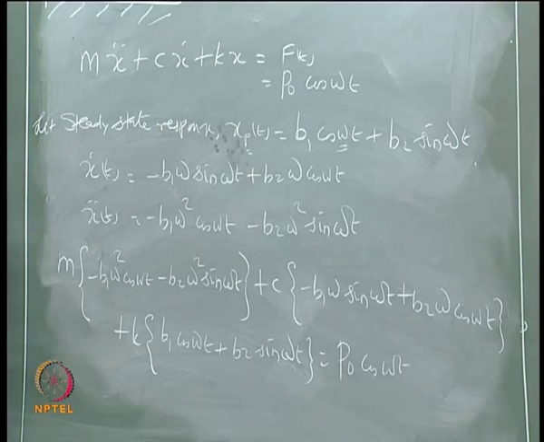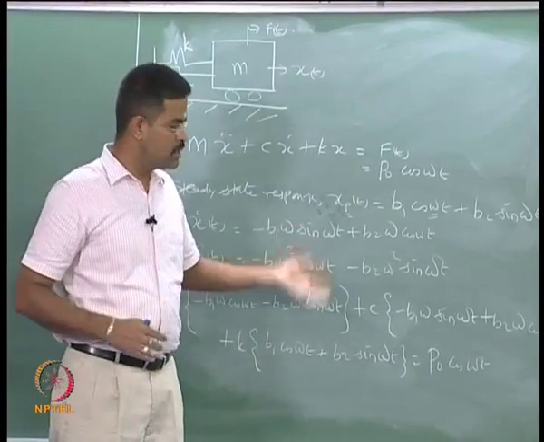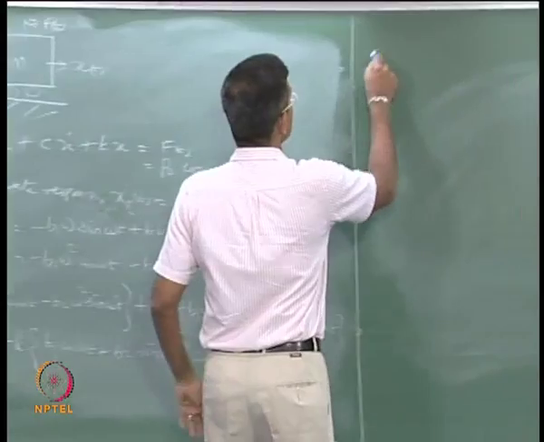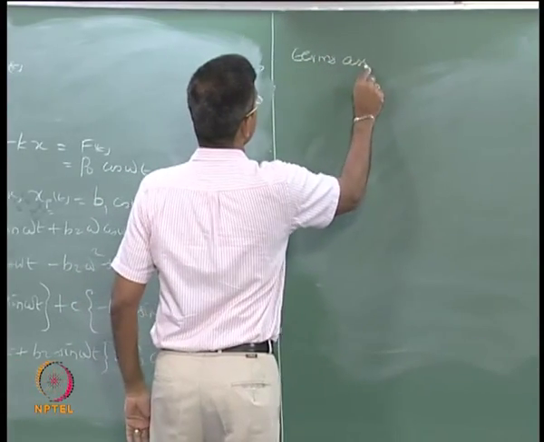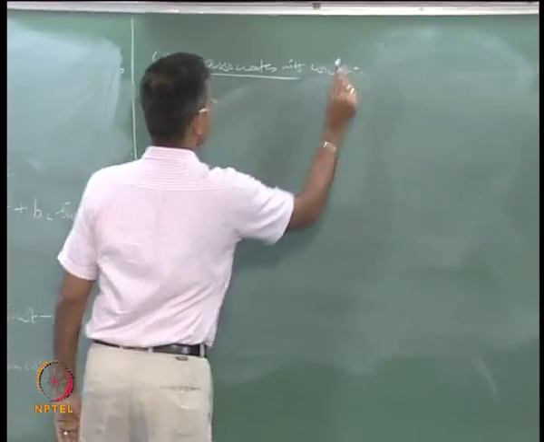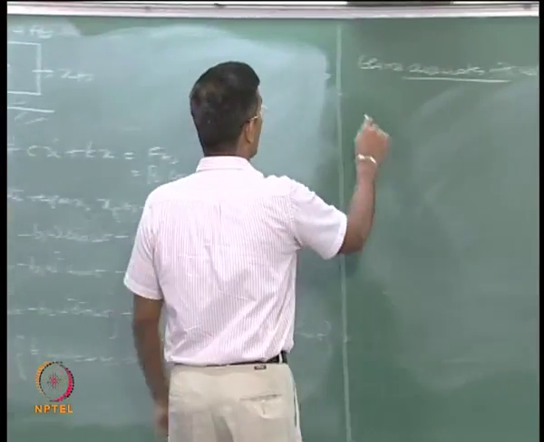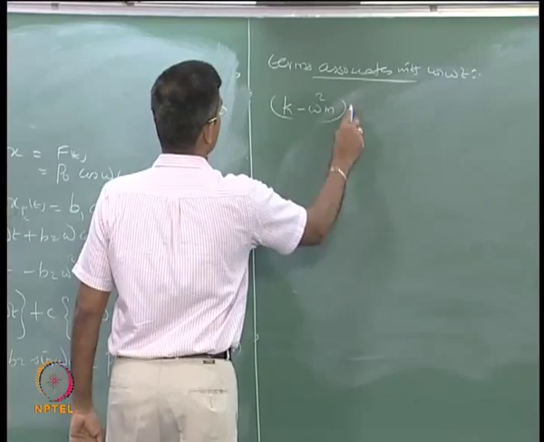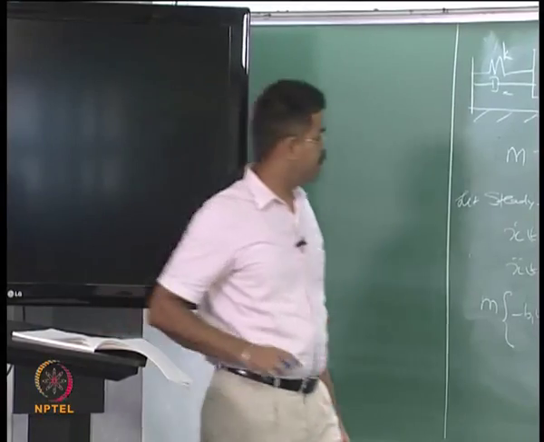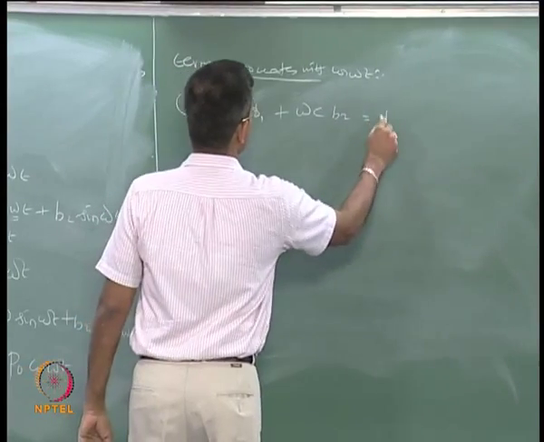Now, I pick up the terms associated with cos and with sin separately, giving two equations to get B1 and B2. If you look at the terms associated with cos omega t on both LHS and RHS, I can say K minus omega square m of B1 plus omega c of B2 is P naught.